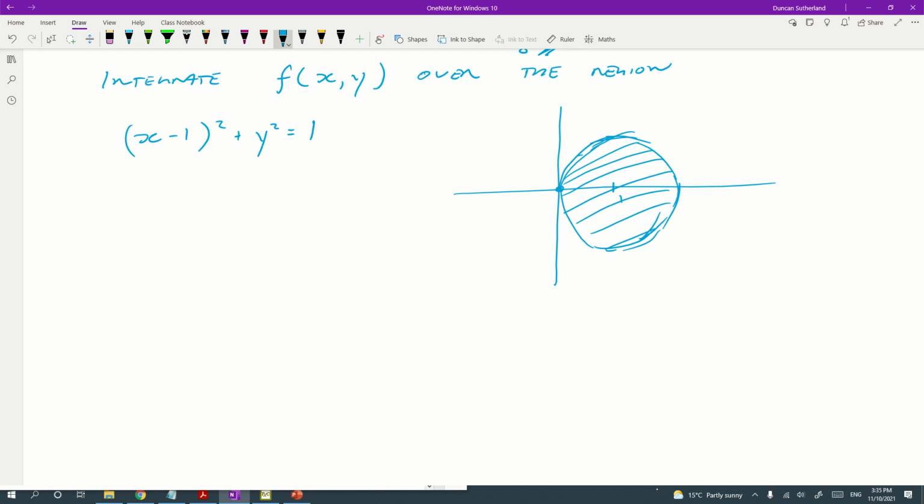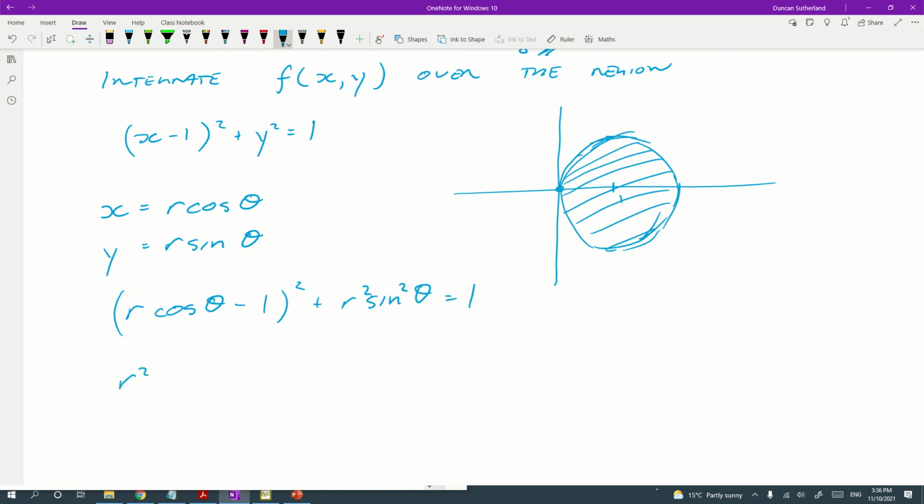So let's write down that we recall x equals r cos theta, y equals r sine theta, and we substitute that into our region. r cos theta minus 1 squared plus r squared sine squared theta equals 1.